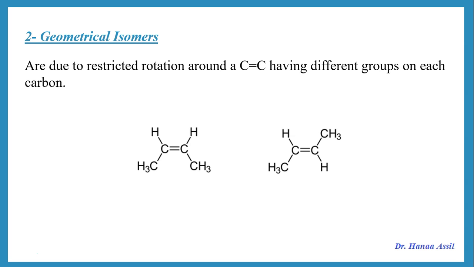Then what I have is geometrical isomers, and this is because the double bond has what we call restricted rotation around the double bond. That means if the CH3 is up, I cannot rotate it and bring it down. It is fixed. You cannot turn it around.